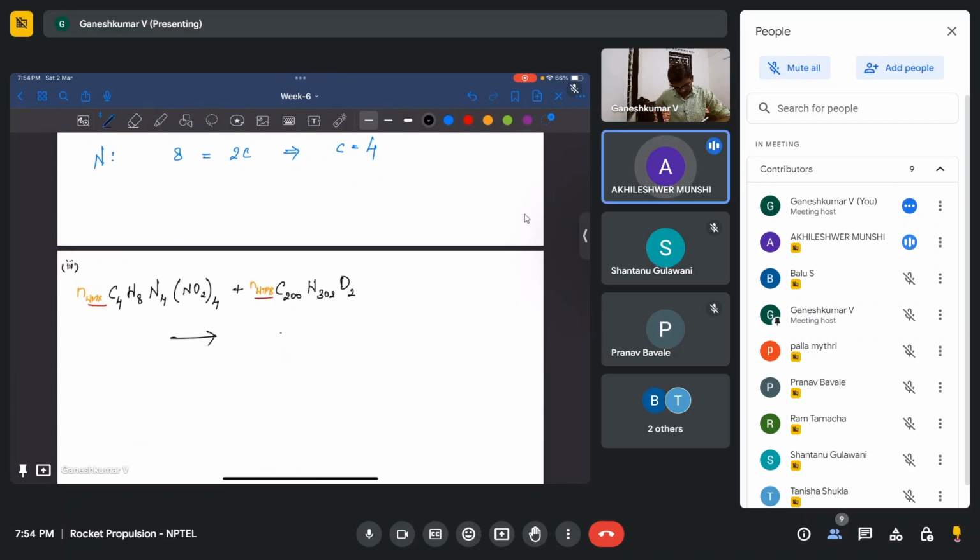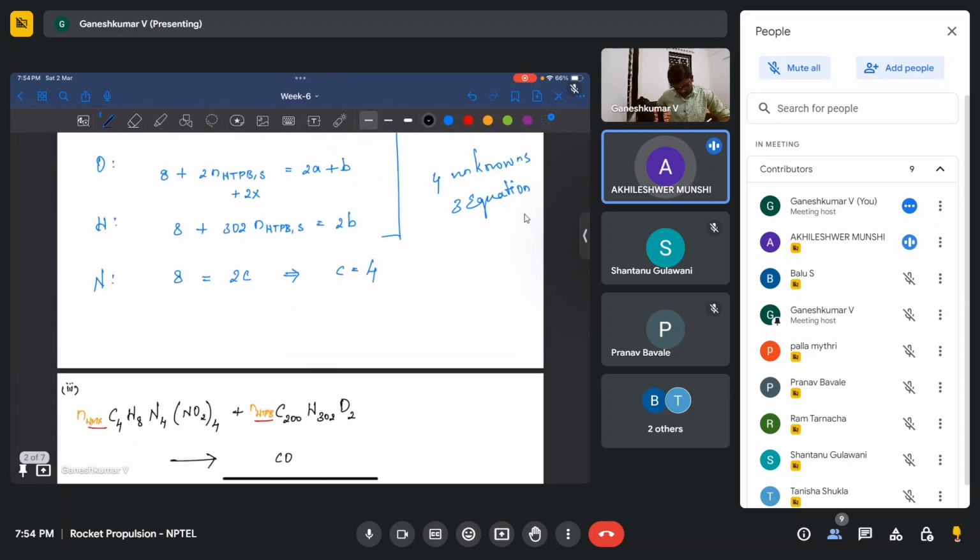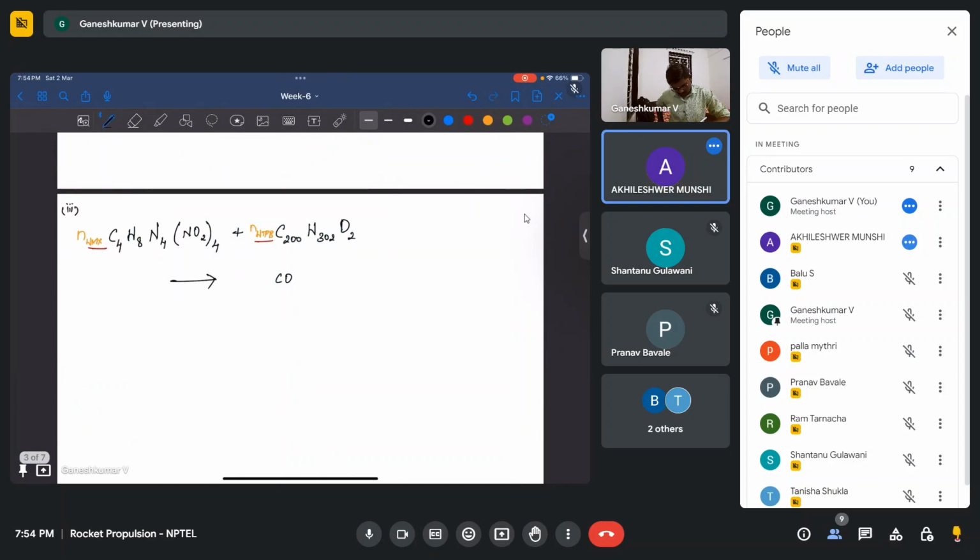If we ignore dissociation, then CO, CO2, H2O, and maybe nitrogen as well. Let's assume that nitrogen forms, because we are already starving of oxygen, so let's not give oxygen to nitrogen.